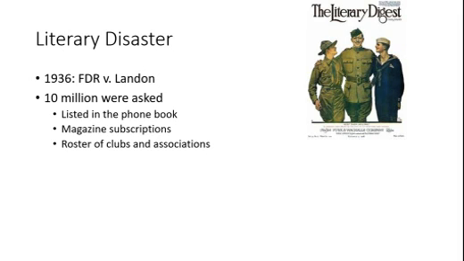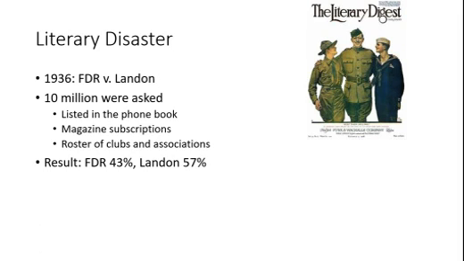They went with 10 million people they were going to ask, okay? So they looked through the phone book, they went through their magazine subscriptions, they went through rosters of different clubs and associations that people were a part of. They went through all these and they got a group of 10 million people, and they sent out information. Basically, they did this to get contact information. So they sent it to everyone to get what they wanted.